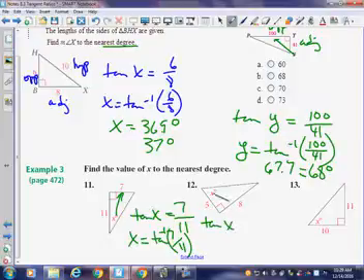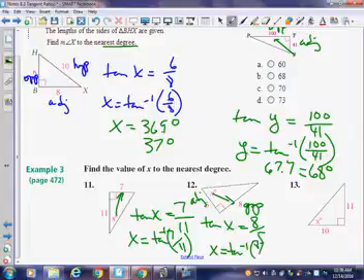Tangent of X, opposite X is 8. That makes this the adjacent, 5. So 8 over 5. So you'll type in your calculator tangent inverse of 8 over 5. Remember, to get the inverse, you have to do second. And then 11 is your opposite, and 10 is your adjacent.